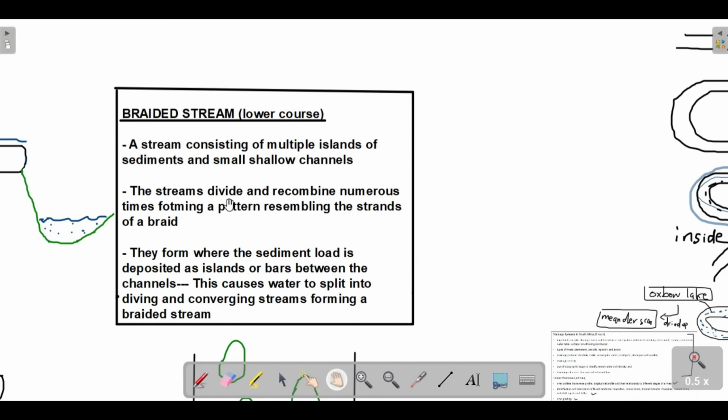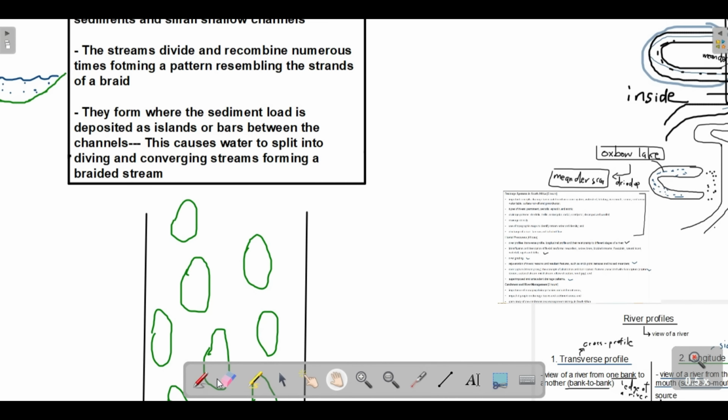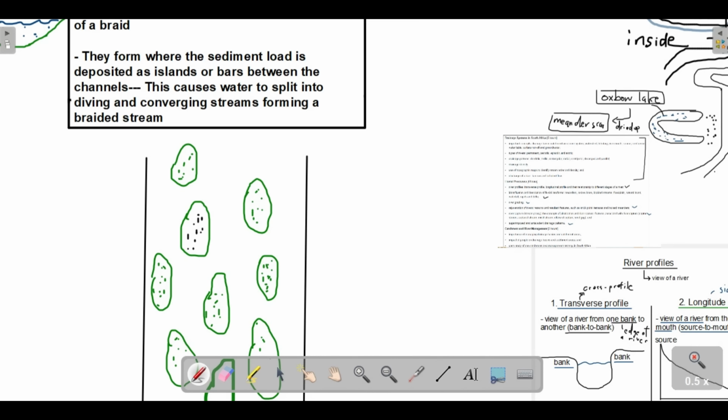So a braided stream is a stream that consists of islands of sediment. Okay. Now, when there's a lot of sediment, you find out that sediment will accumulate as lumps or as islands like that. So you will have these islands right on your river channel, in the center of your river channel.